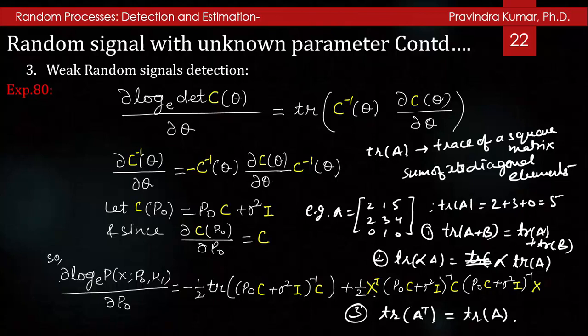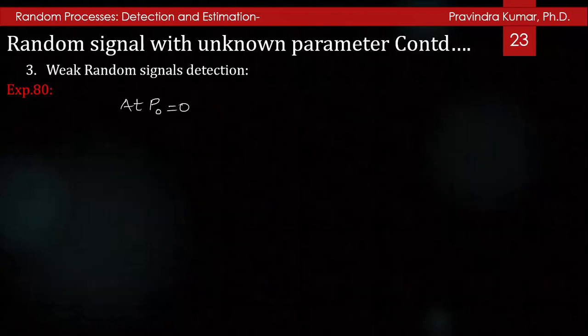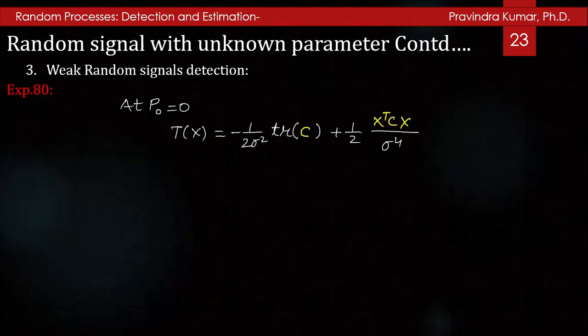So now at P equal to P0 equal to 0, the test statistic is minus 1 by 2 sigma square trace C plus 1 by 2 x transpose C x by sigma to the power 4.